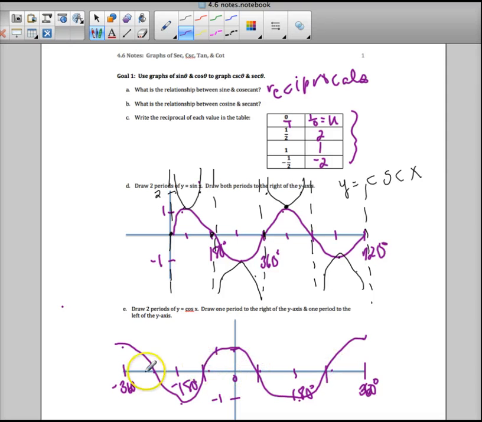We're going to use the same concept for graphing y equals secant x as we did when we graphed cosecant. Secant is the reciprocal of cosine. So everywhere cosine crosses the x-axis, y equals 0, and the reciprocal of 0 is undefined, so we will have vertical asymptotes there.